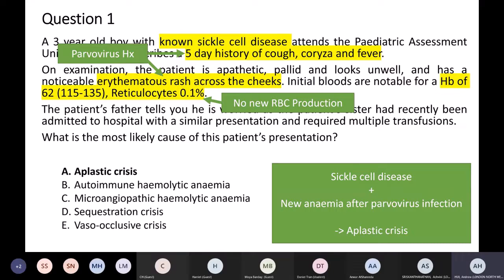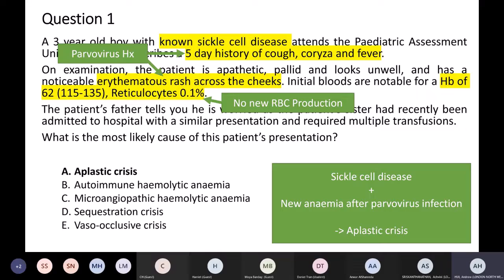So no new red cell production and a parvovirus history with known sickle cell disease is something called aplastic crisis. Now D and B, so D is sequestration crisis.